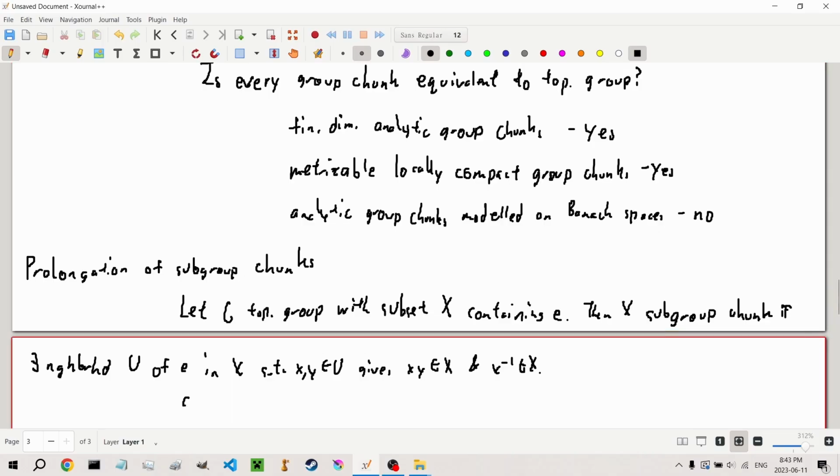Now, suppose X is a subgroup chunk of G. We want to define a subgroup N of G as follows.